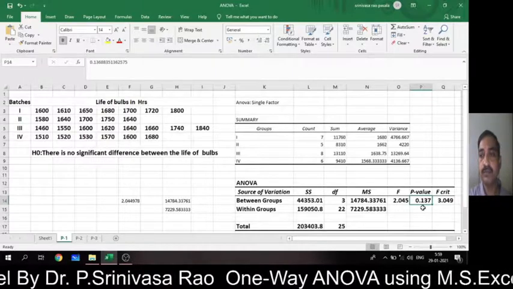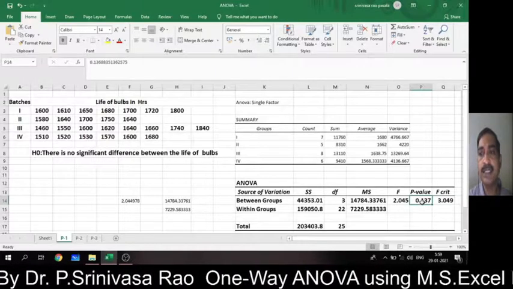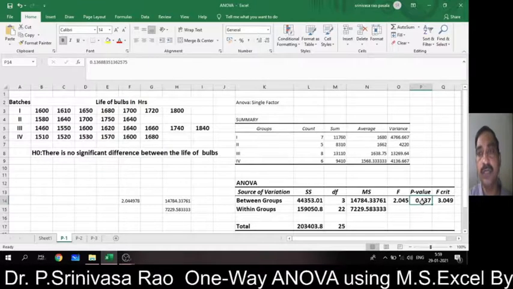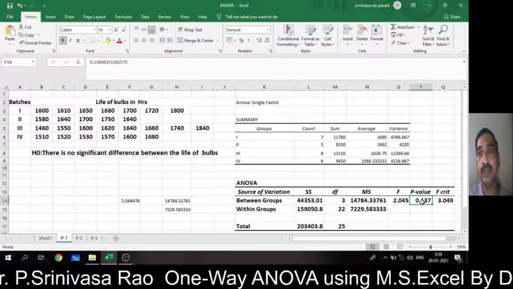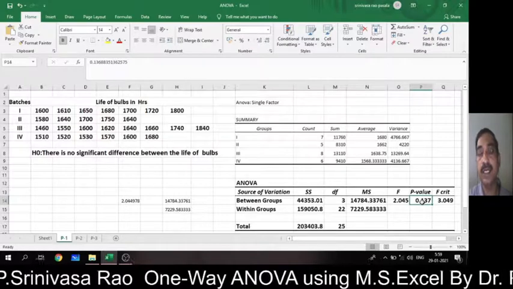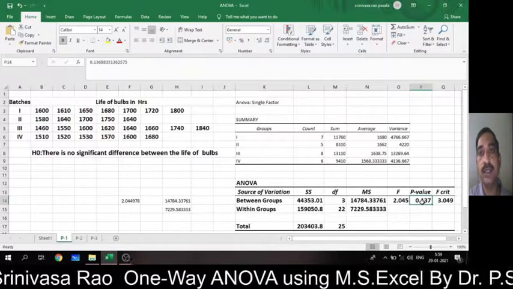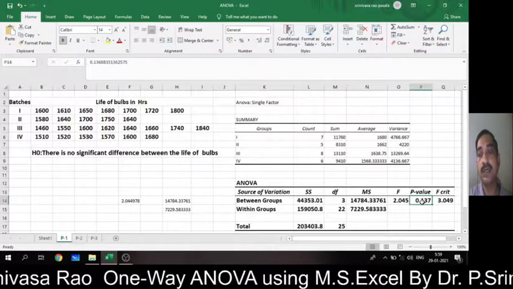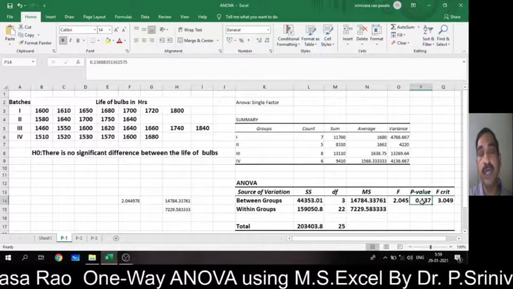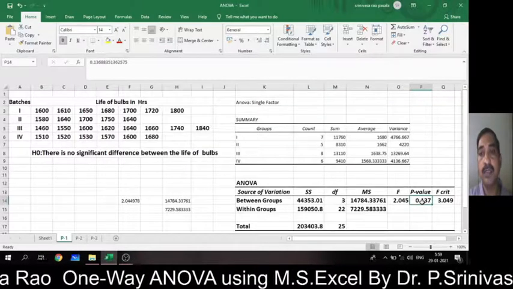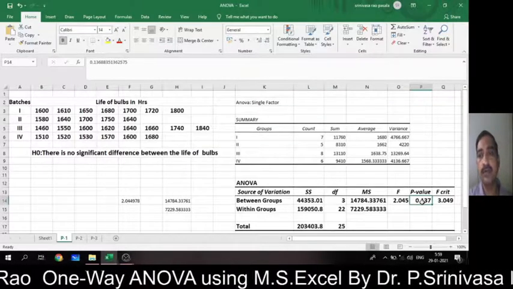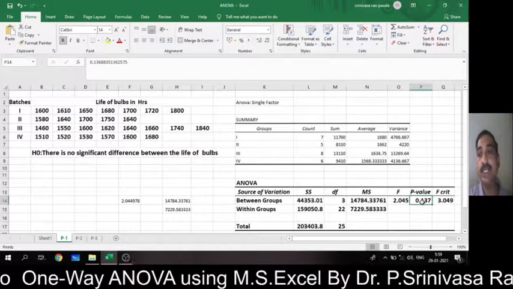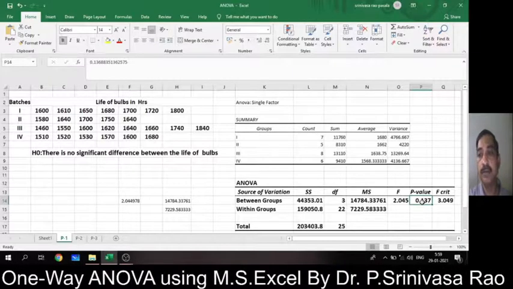Second, suppose the p value is greater than 0.05, which means the F value is not significant, which means you are accepting the null hypothesis.